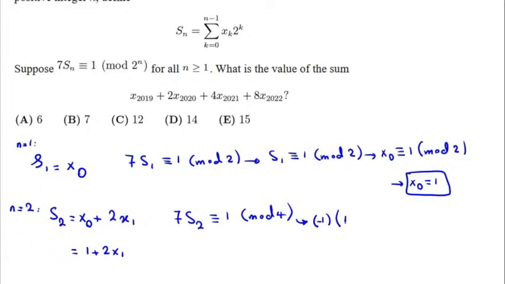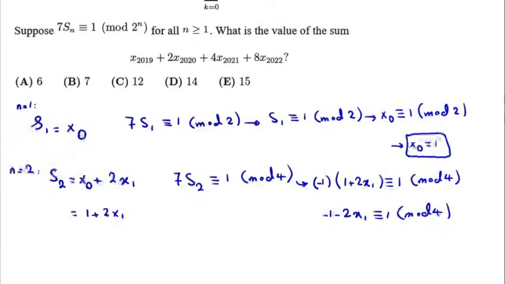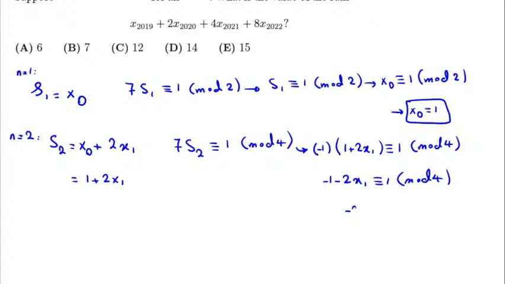So negative 1 times (1 plus 2x1) is congruent to 1 mod 4. So negative 1 minus 2x1 is congruent to 1 mod 4. Now, if we take negative 1 to the right hand side, negative 2x1 is congruent to 2 mod 4.